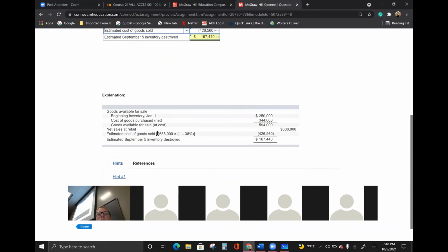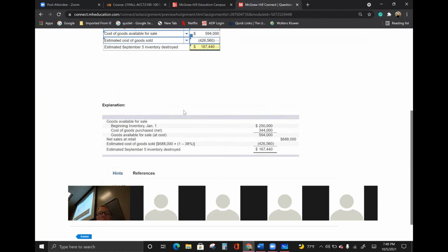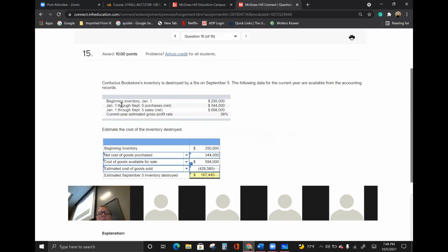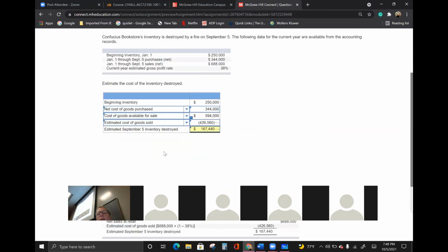So you have your 688,000 times 1 minus the 38% to come up with that cost. Okay, so they take in the 688,000, which was the sales, and then you multiply it by 1 minus the 38%. That way you can calculate what was the estimated cost. So cost of goods available, less cost of goods sold gives you your inventory that was destroyed, estimated, and what you had left.